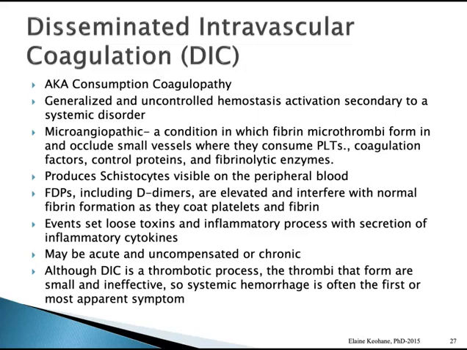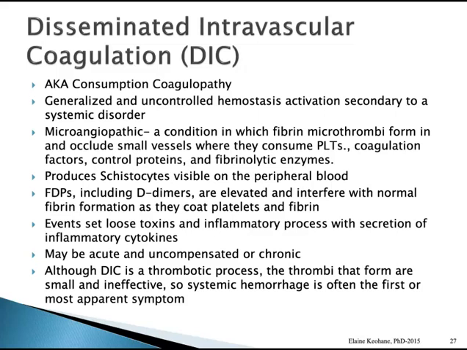It produces a type of blood cell called schistocytes, and these schistocytes are visible on the peripheral blood film. Examples of those are broken, fragmented red blood cells.